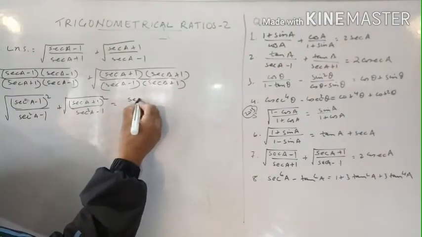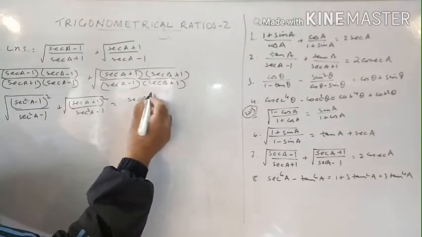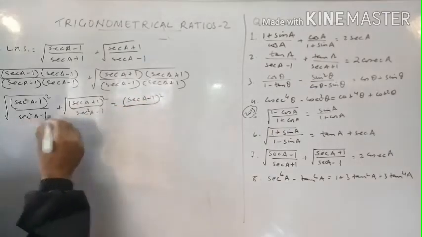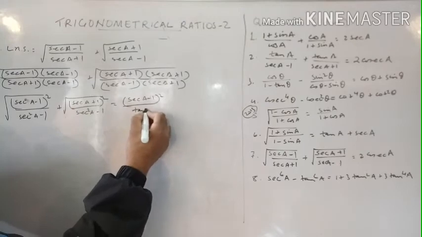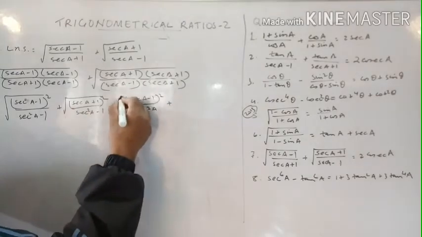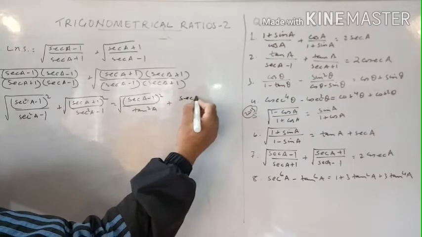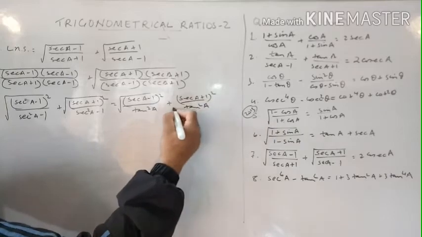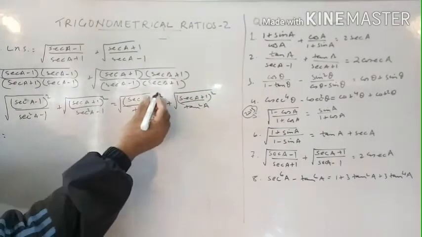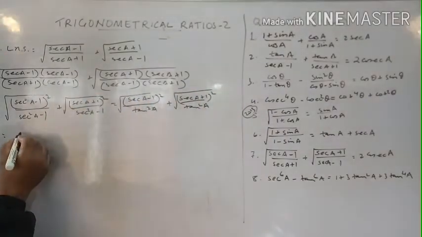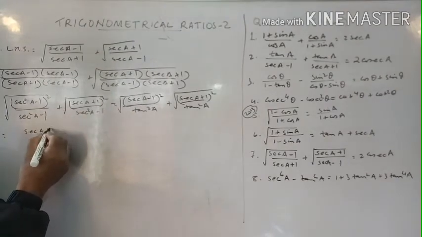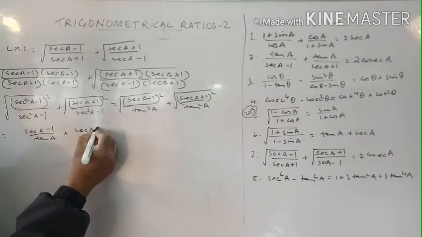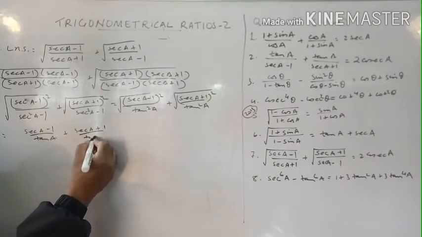So we get here sec A minus 1 whole square upon sec square A minus 1, which is tan square A, plus root over sec A plus 1 whole square upon tan square A. So since here square is square, so square will cancel root. So we get sec A minus 1 by tan A plus sec A plus 1 by tan A.